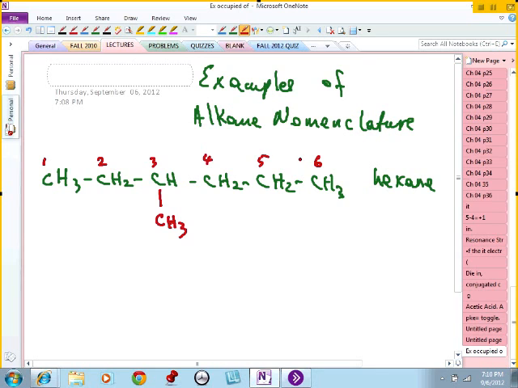When you number, the carbon that has the branch or substituent, this carbon here, is given the lowest possible number. Keep that in mind. In other words, you start the numbering from here, not from here. Is that clear? So to name this molecule, we say 3-methylhexane.